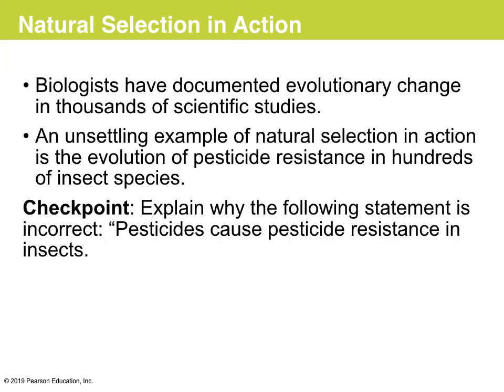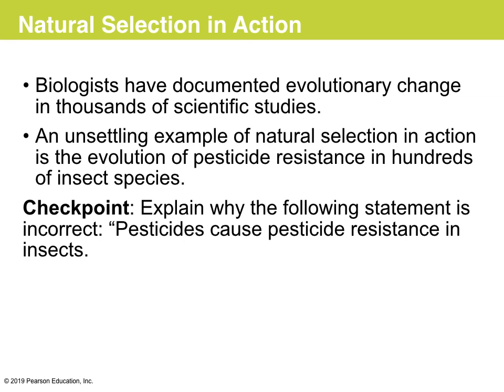Now, we have actually managed to document evolutionary change in many, many studies. The one about insect species is kind of unsettling because this is something that was in the last century. So I'm just going to pop to it. Basically, one thing it says here, pesticides cause pesticide resistance in insects.